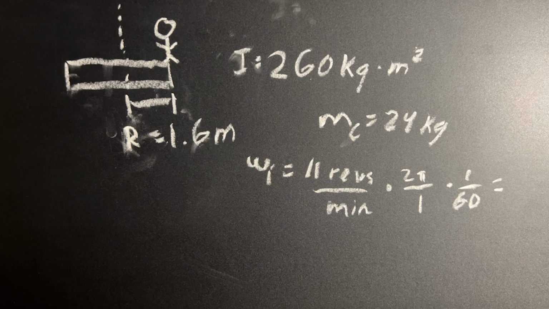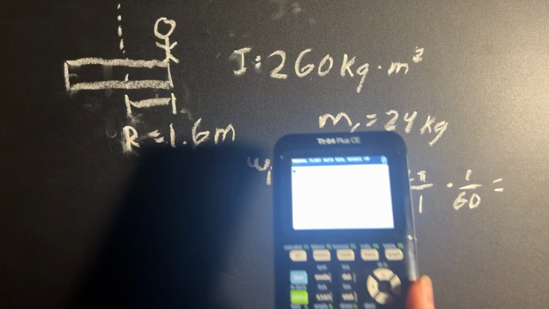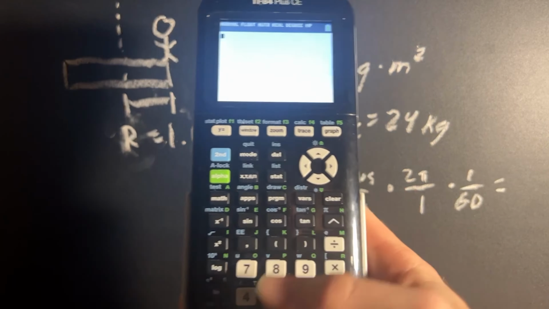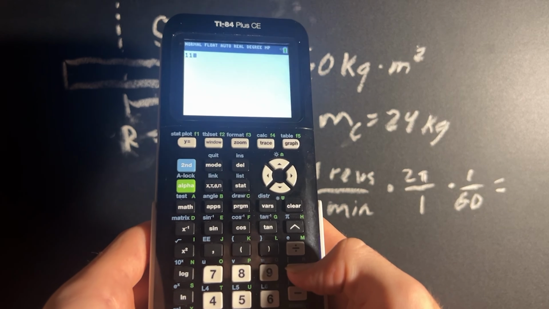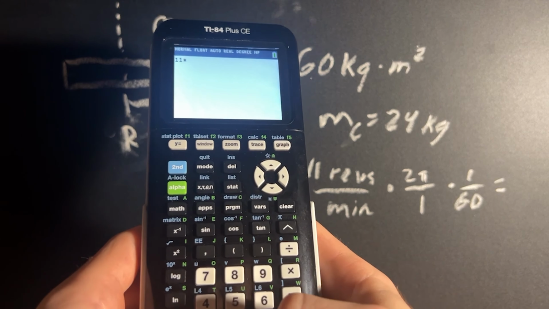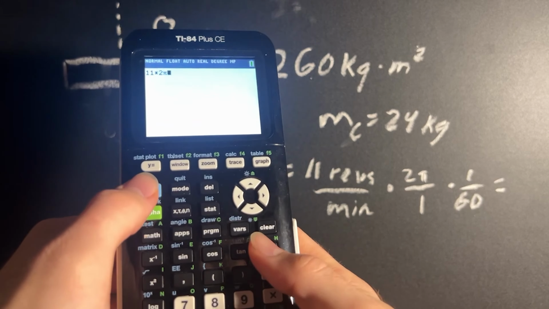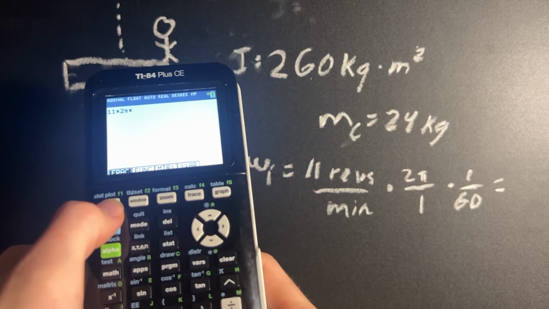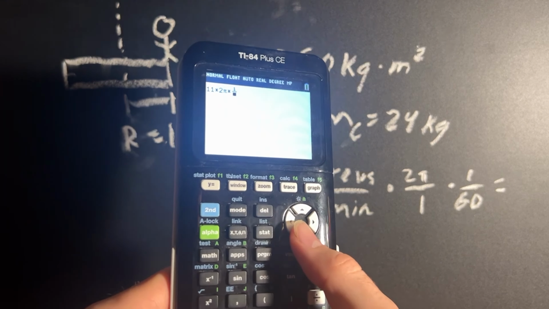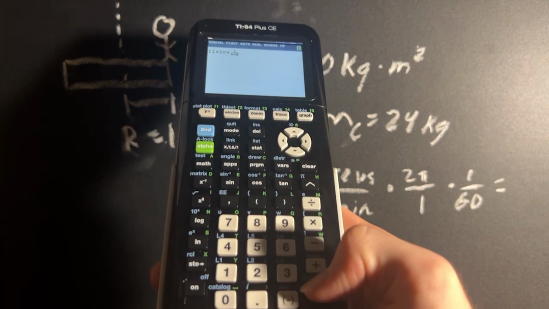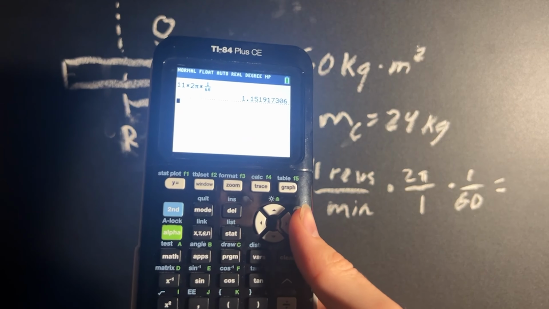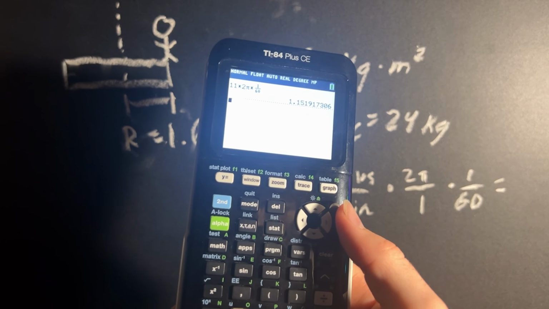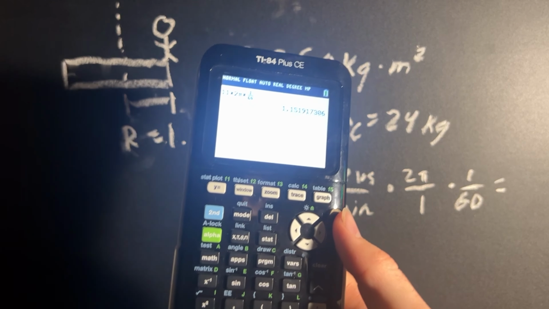Let me calculate it real quick. 11 times 2 pi times 1 over 60. This will give us 1.15 radians per second.